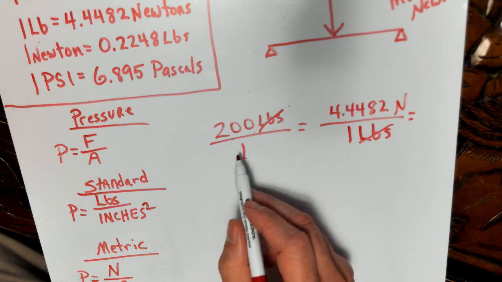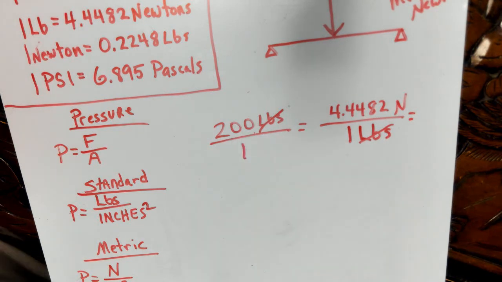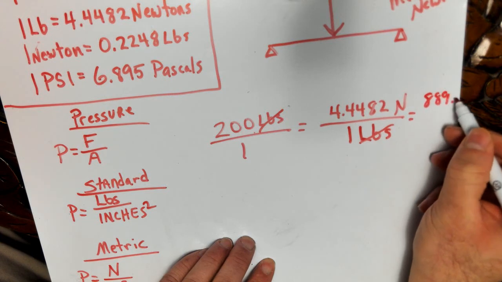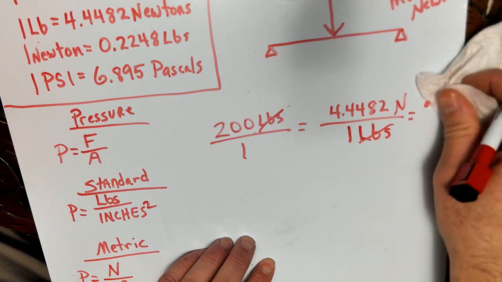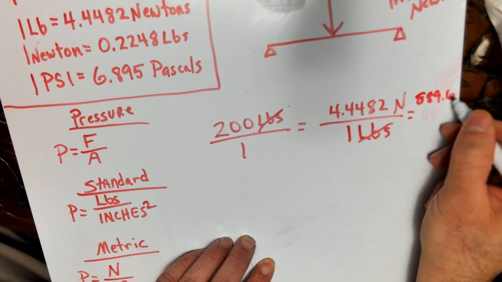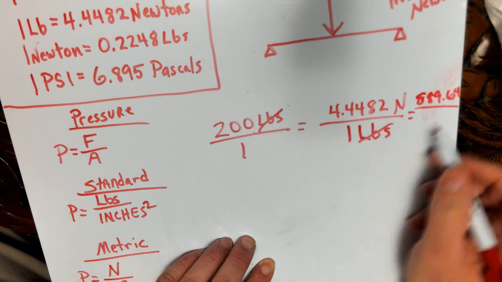So, again, when we do this, you take 200 times 4.4482. Let me get my calculator back up here. Make it a little easier on us. 200 times 4.4482 equals 889.64. I'm running out of room there. 889.64 divided by 1 times 1, so it's itself.